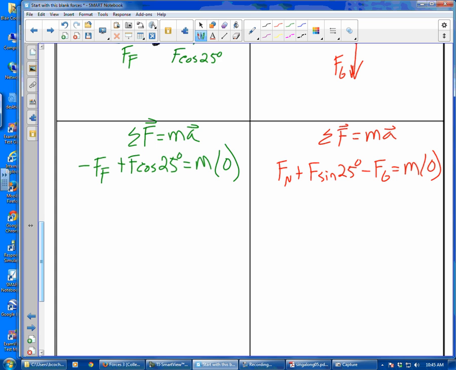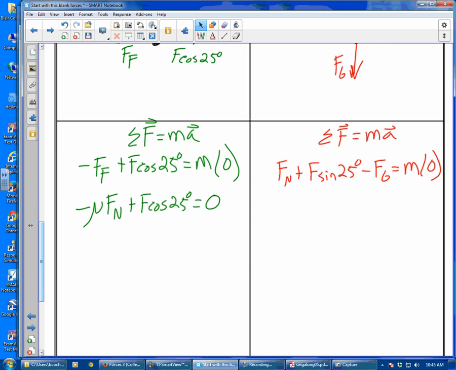We're going to have over here negative mu force normal plus F cosine 25 degrees equals 0. Over here, we're going to have force normal plus F sine 25 degrees minus mg equals 0. Just trying to get things down to what we know, what we don't know.